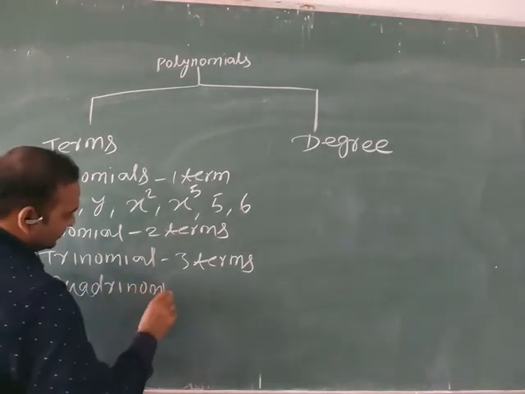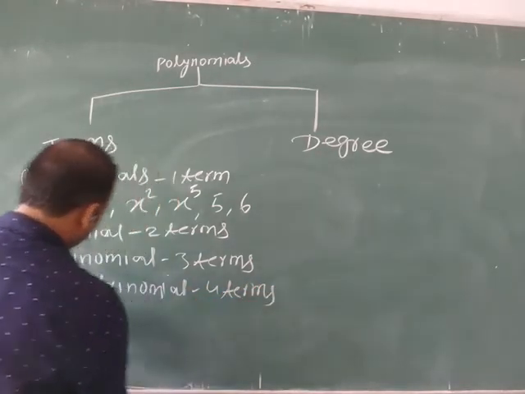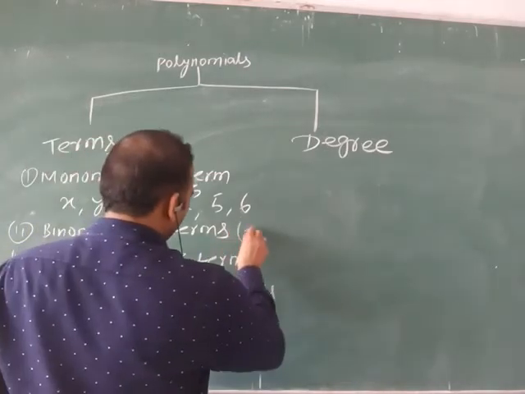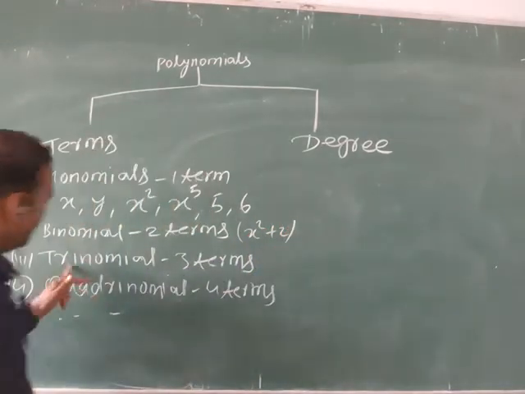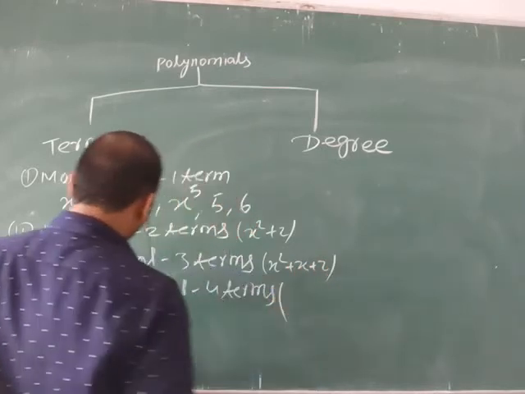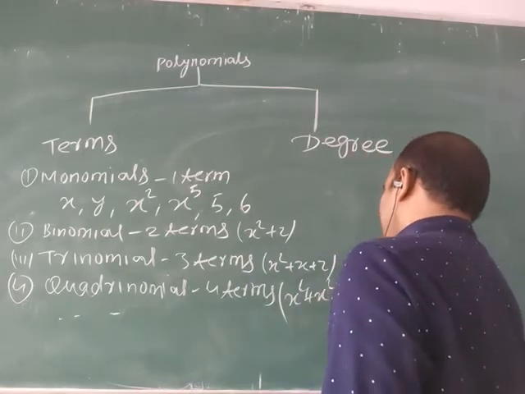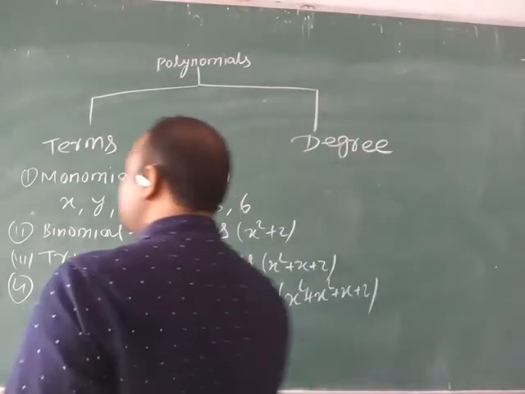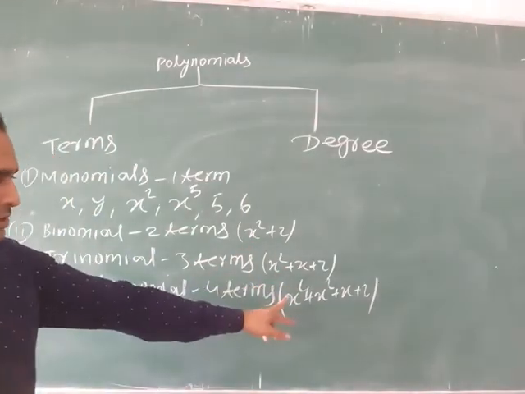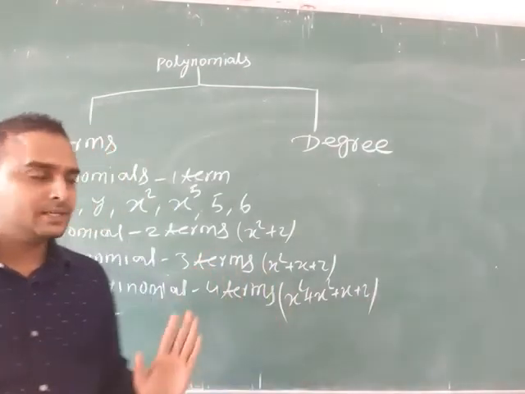Quadrinomial, 4 terms, and so on. 2 terms means like x square plus 2. 3 terms means x square plus x plus 2. Quadrinomial, 4 terms, any 4 terms: 1, 2, 3 and 4. And all the terms should be unlike terms, because x to the power 4 plus x square plus x plus 2, all are unlike.